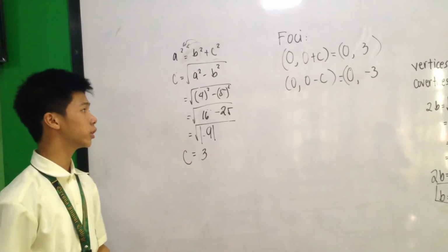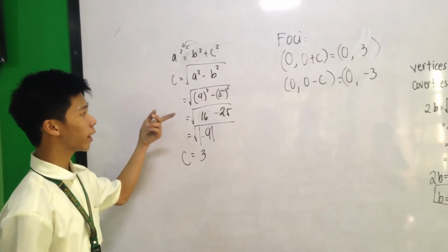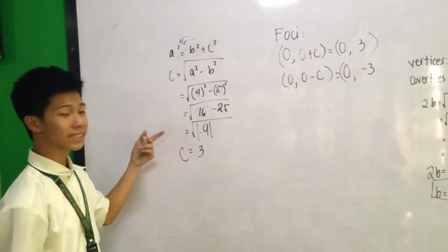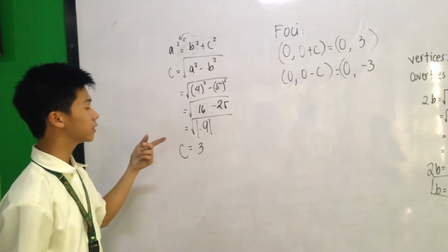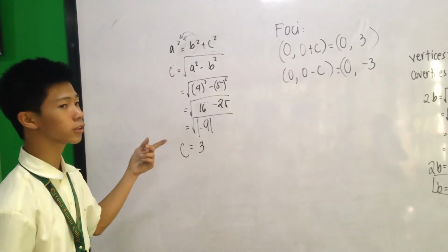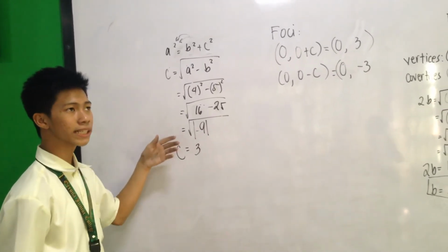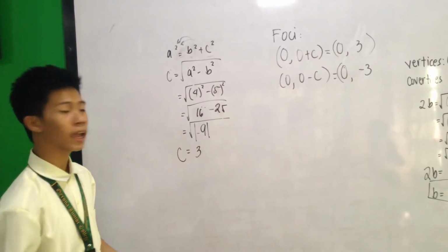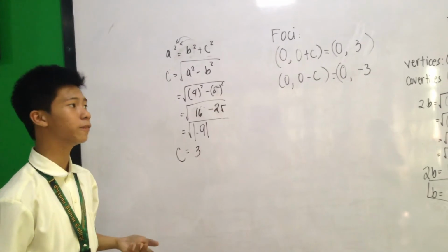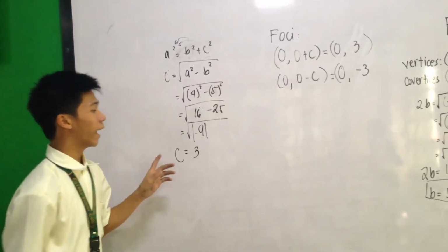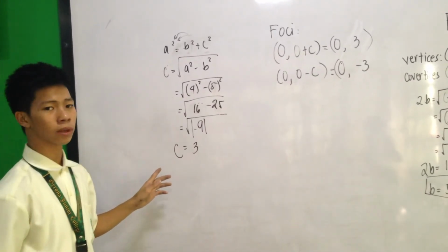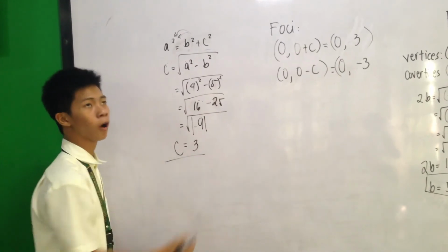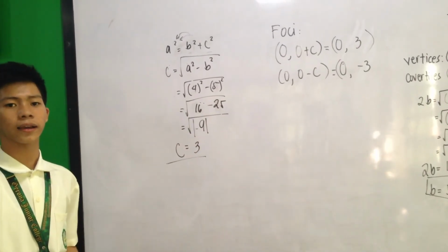So substitute the values: 4 squared minus 5 squared will be 16 minus 25. So 16 minus 25 is equal to negative 9. Since we're pertaining to length, we will get the absolute value of negative 9, which is 9. So the square root of 9 will be equal to 3. And 3 now will be our focal length.